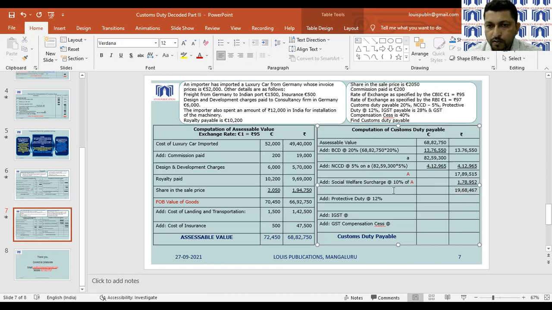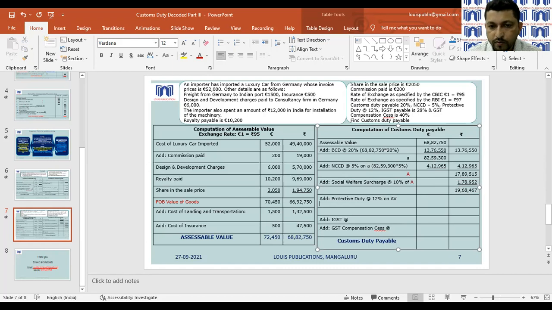Then we have protective duty at 12% given. So protective duty is mentioned at 12%. When percentage is given, we always calculate it on assessable value.